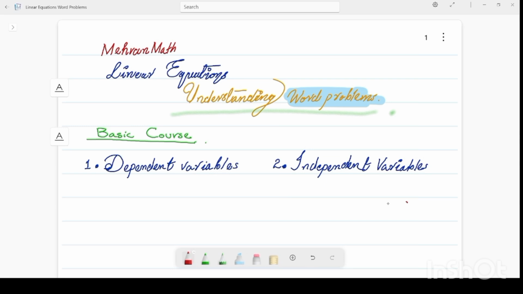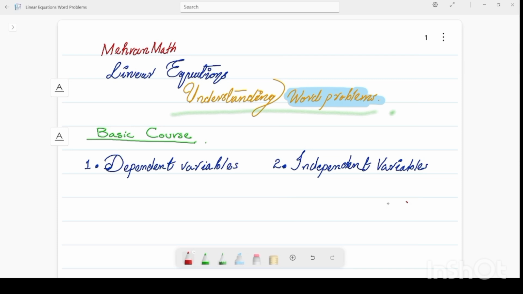If you know about it, then it's easy for you to understand. Otherwise, I'd advise you to go through converting a statement or sentences into algebraic expression form, and then it will be easy for you to understand this.